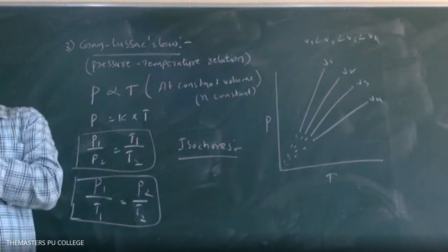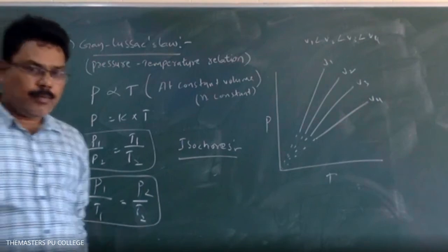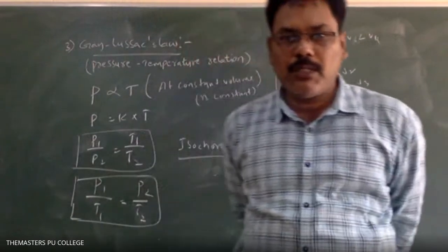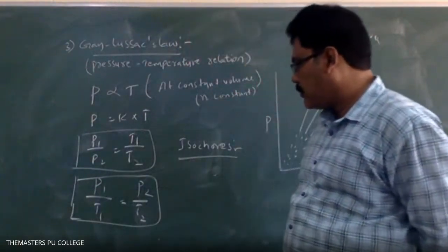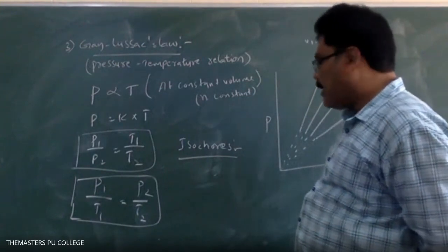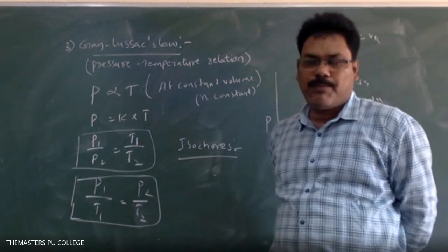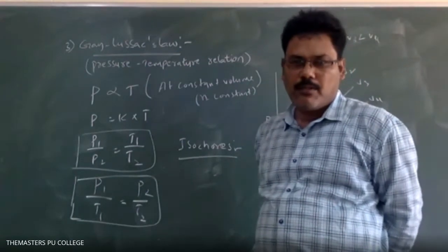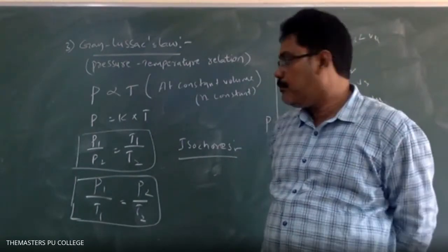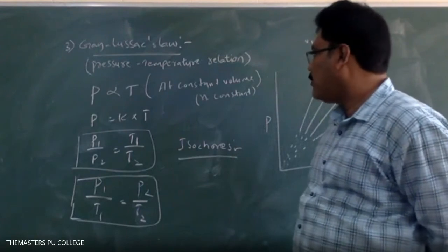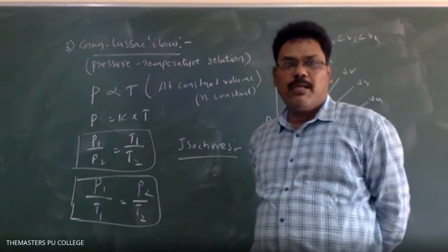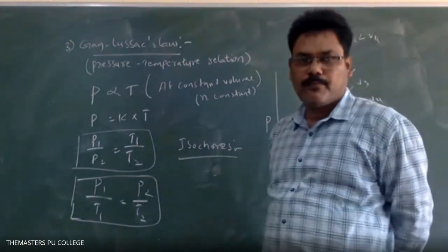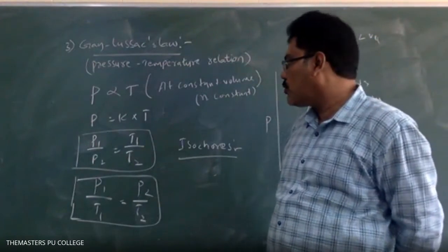The curves obtained between pressure versus temperature at constant volume are known as isochores.